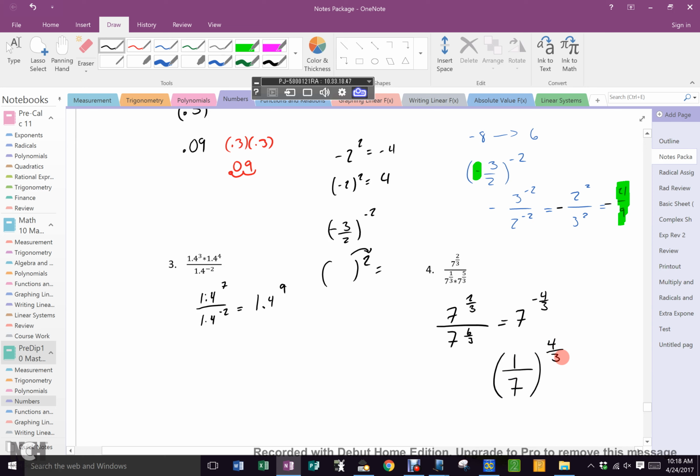All to the 4/3. Am I happy with that? It's exponential form. Are we okay with it? Sure we are. Can I write it another way?